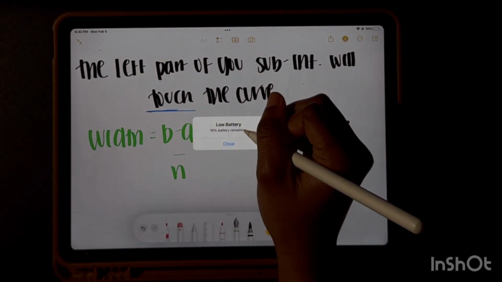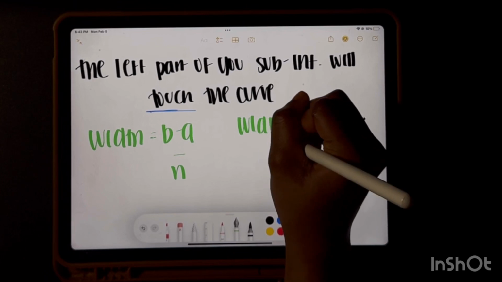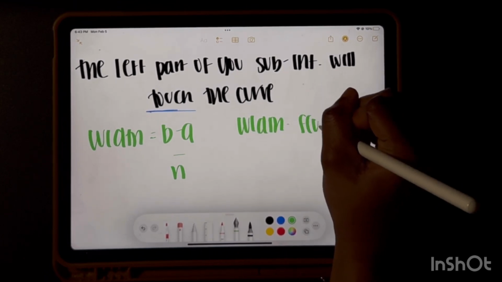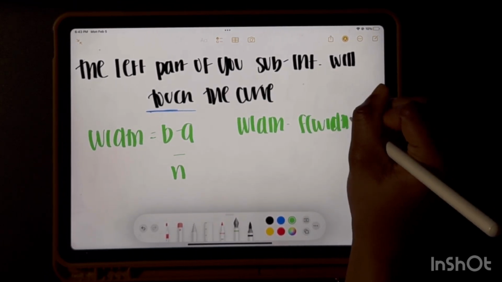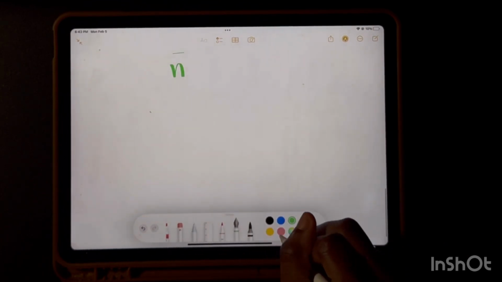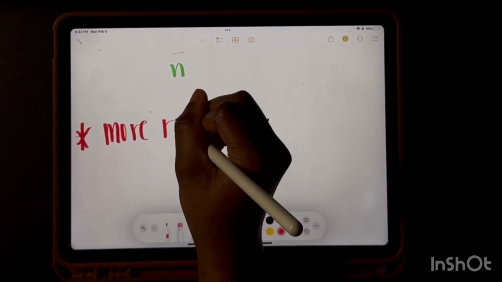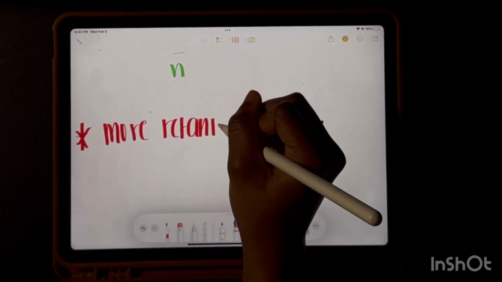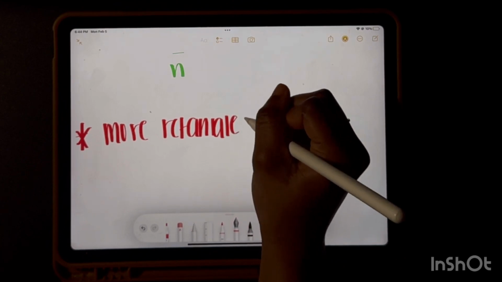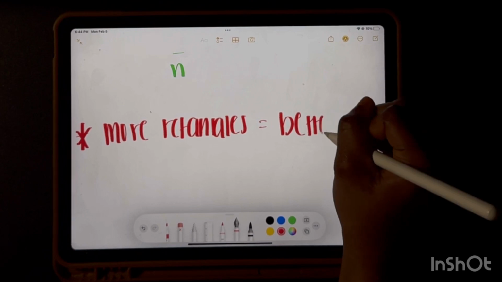And then you would do the same, where you do the width times your f of x, and you would continue that with how many subintervals you have. One key thing to note is that the more rectangles equals a better estimate.